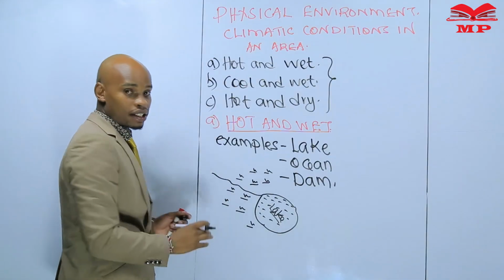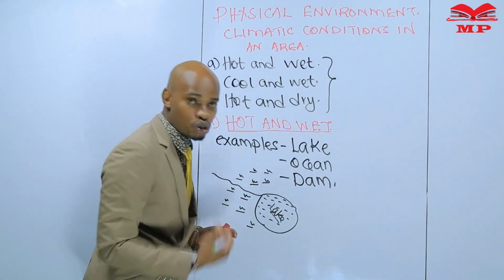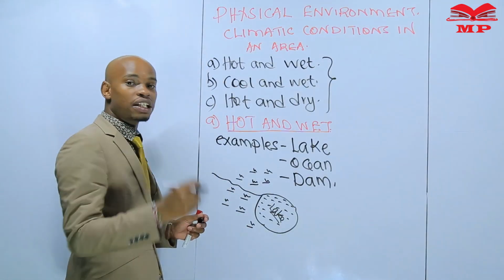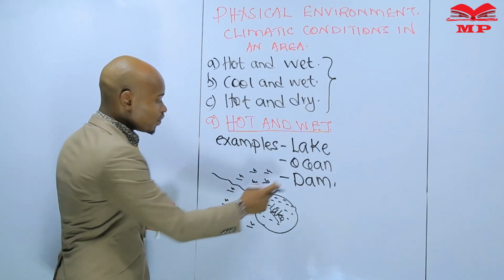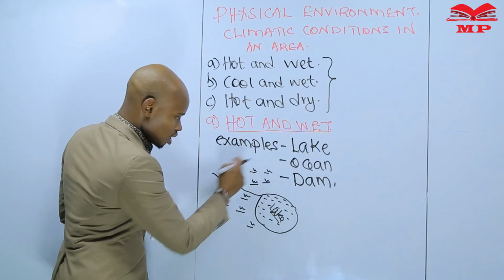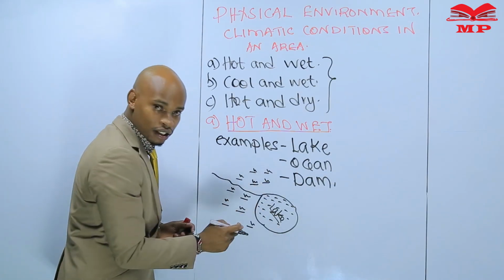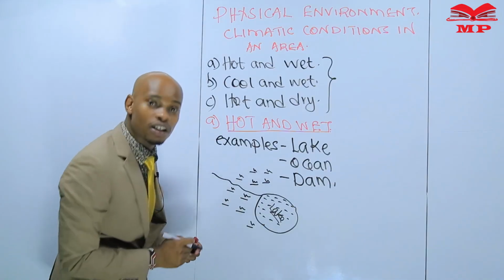Because when it comes to climate, the very first thing that we give attention to is the natural vegetation. If there are scrubs near the lake, it means this lake is very useless.